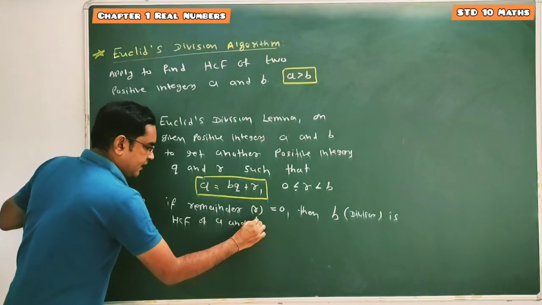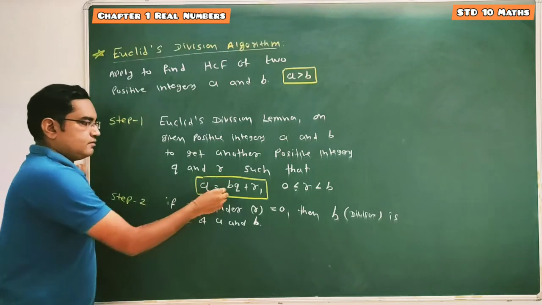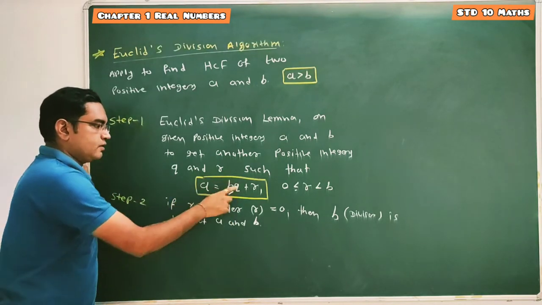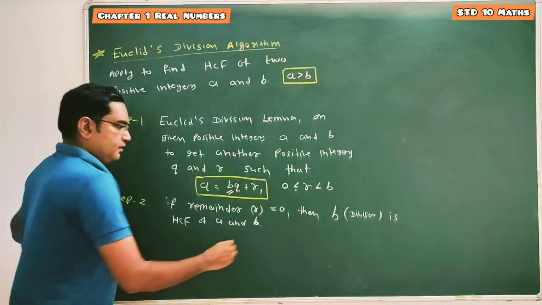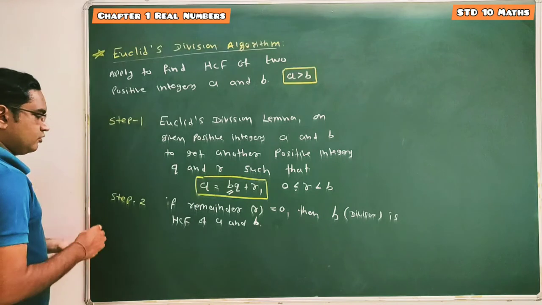Done. If remainder r is equal to 0, we can say the divisor, that is b, is the HCF of given two numbers a and b. If r is not equal to 0, right?